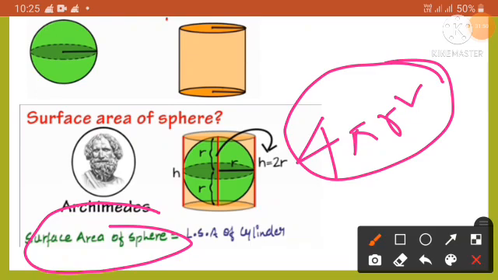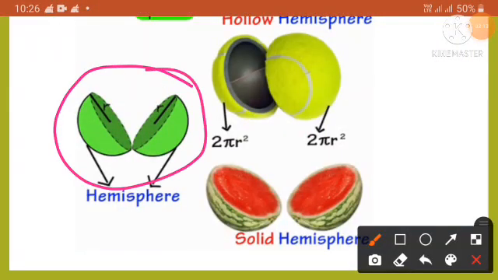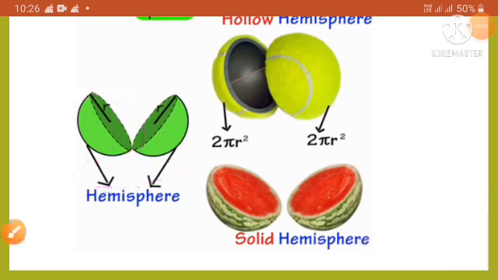Now remember that whether the sphere is hollow or solid, both times it will be 4 pi r square, because 4 pi r square is the area of the outer surface. Now if we cut the sphere into two equal parts, then the equal parts are known as hemispheres with equal radius.